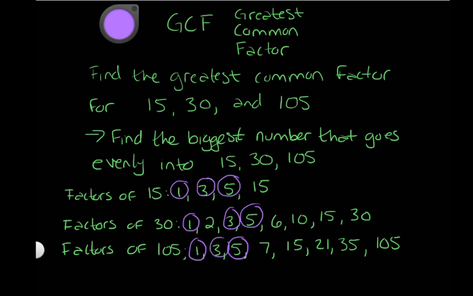Oops, I circled the 3 instead of the 5 there. And all of them have 15. Now, what is the largest number out of all these common factors? Well, it's 15, right? GCF is 15. So 15 is our greatest common factor.